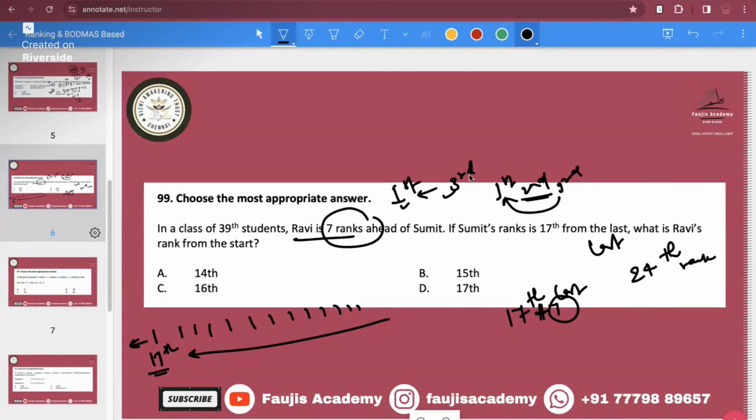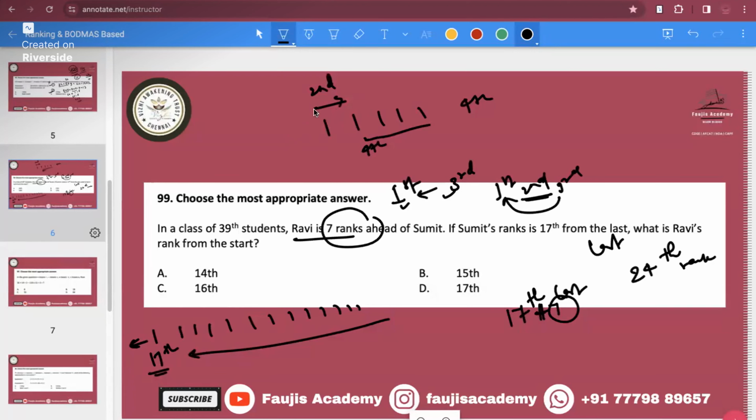Now let us say there are only 5 students, 1, 2, 3, 4, 5. So when we say 4th rank from last, what does that mean? Over here, and this person is nothing but the 2nd rank from the initial itself, right?